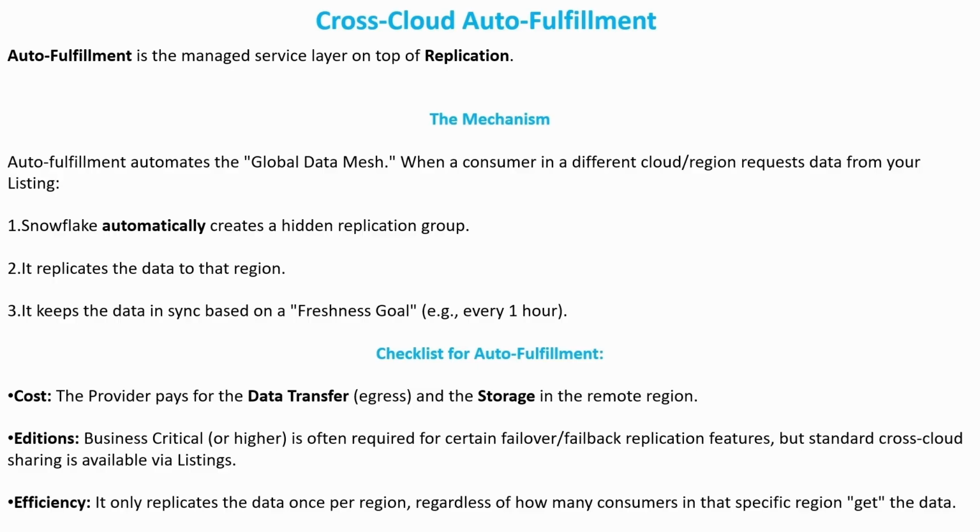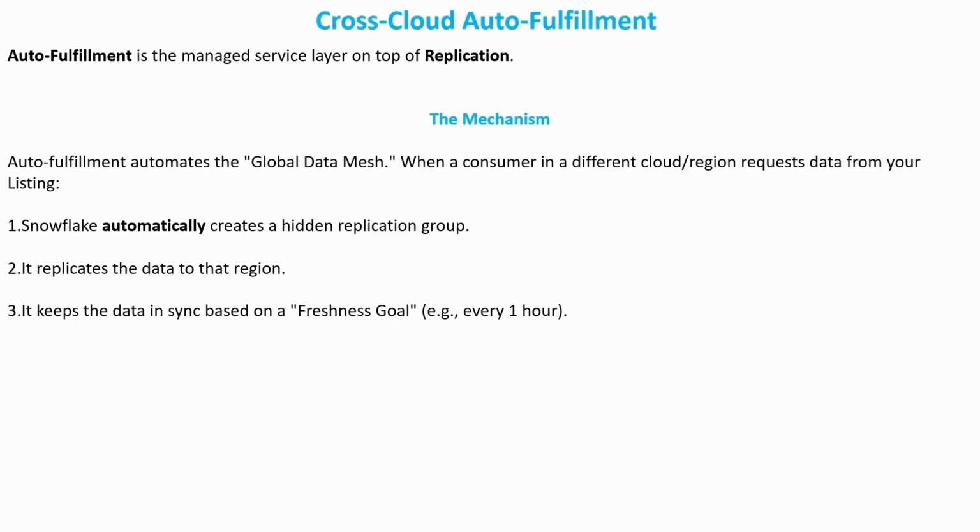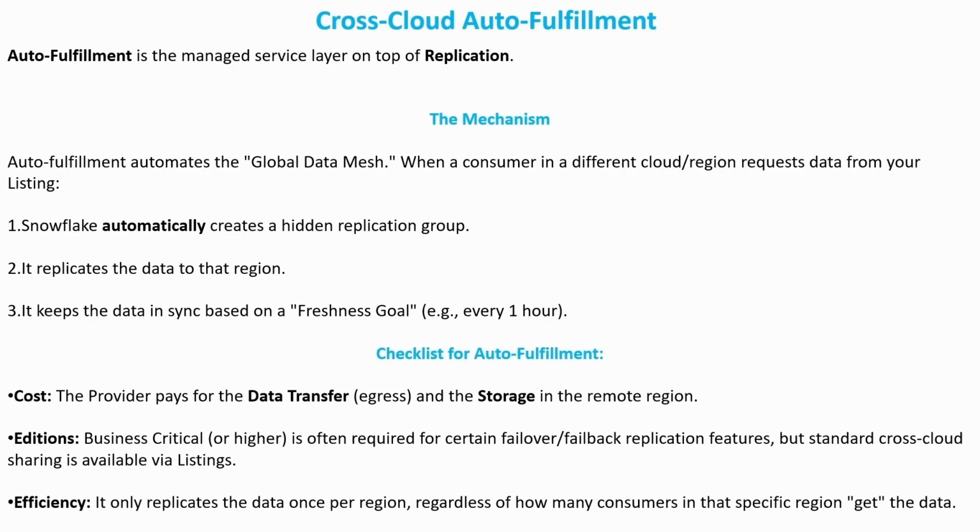If we talk about the checklist for auto fulfillment, the cost factor is a big one: the provider pays for data transfer and the storage in the remote region. The minimum edition required here is business critical or higher. This is often required for certain failover or failback replication features, but standard cross cloud sharing is available only via listings.